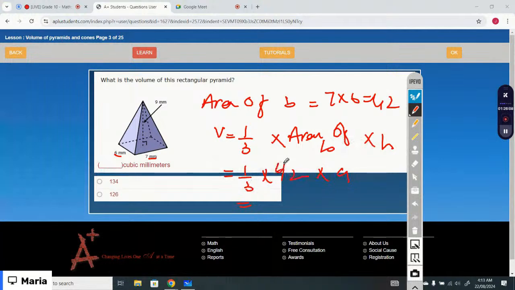7 times 6 is 42, not 72, right? So 3 times 2 is 6 and 3 times 4, that is 126 is the correct option. That means the volume of the rectangular prism is 126.